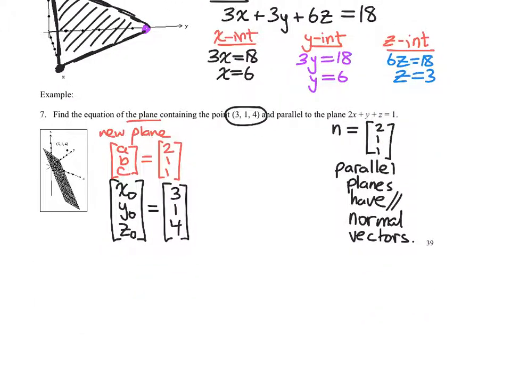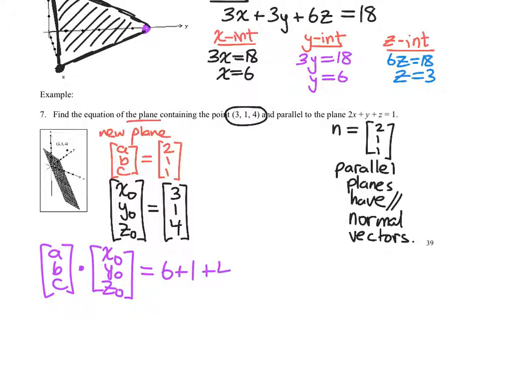Doesn't matter what order you do it in. So ABC dotted against x sub o, y sub o, z sub o. We're looking at 6 plus 1 plus 4, so we're going to get an 11.